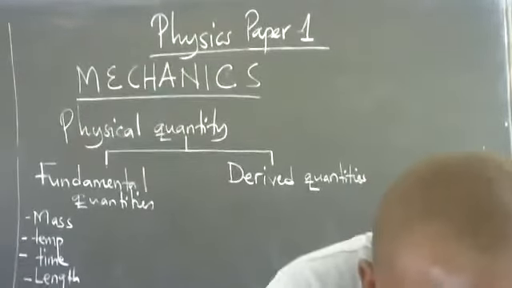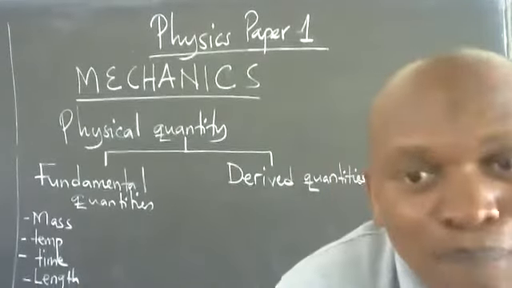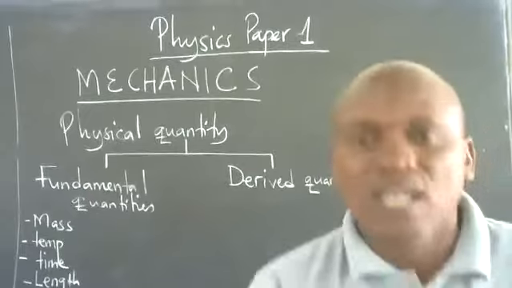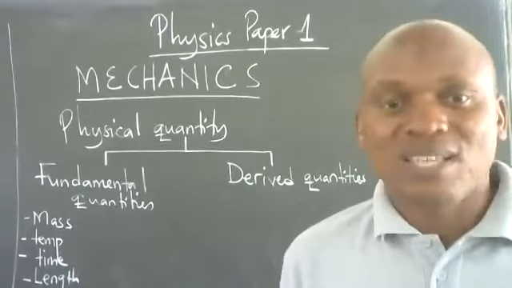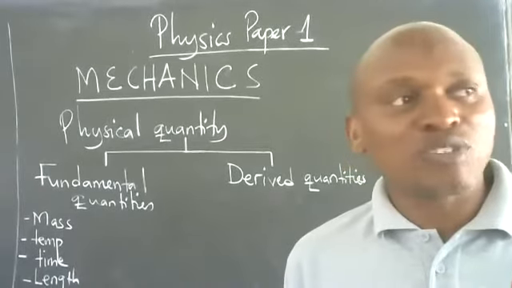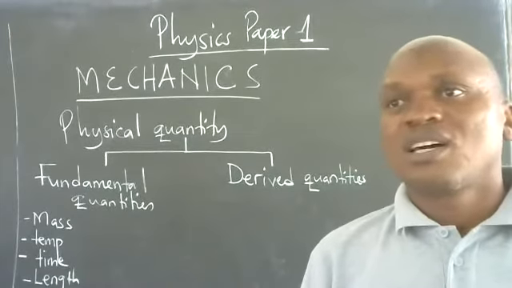Okay, out of all these, we shall have what we call basic quantities. Out of the fundamentals, we have the basic, the major ones. Who can guess the major ones that are going to occur in almost all derivations?